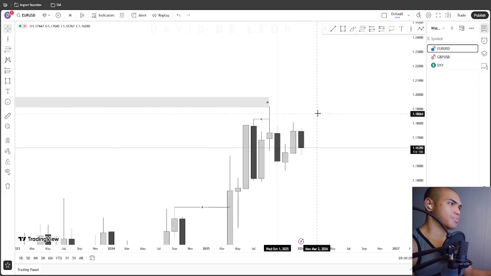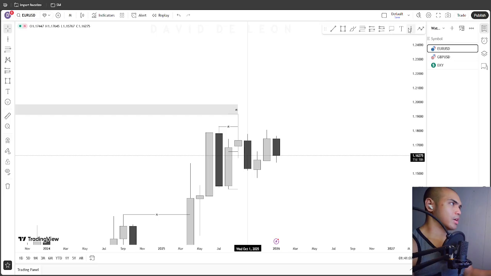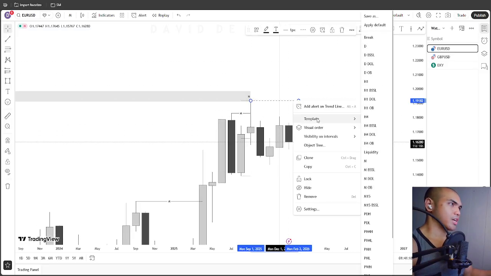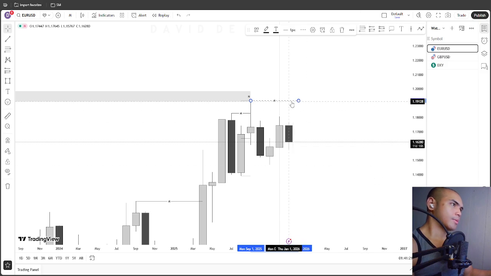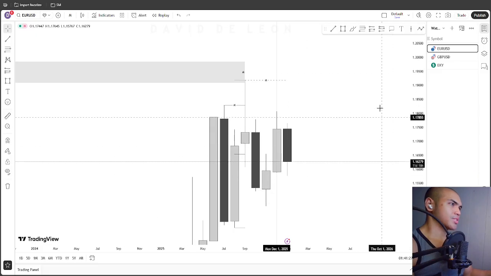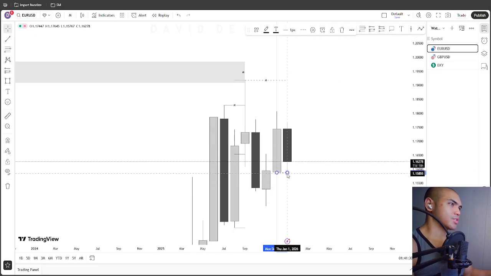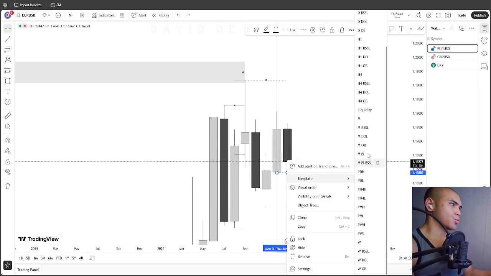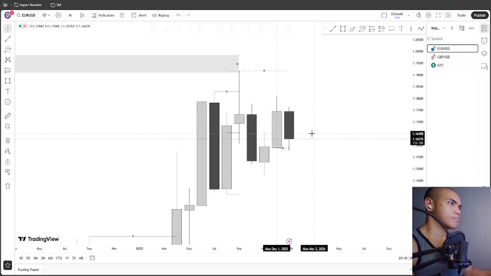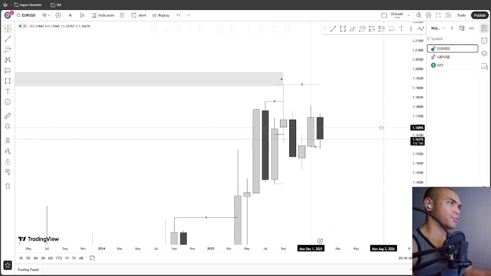So for this month, we have a bullish monthly structure, and we also have a monthly bullish swing. Price would most likely take out this high. We can see that currently price is trying to sweep this previous monthly low. So that's that for monthly.